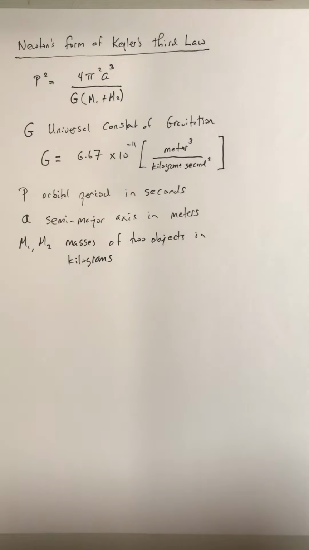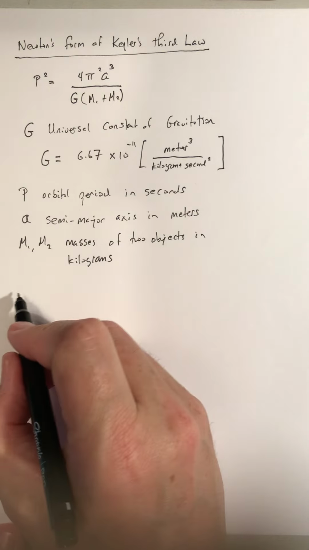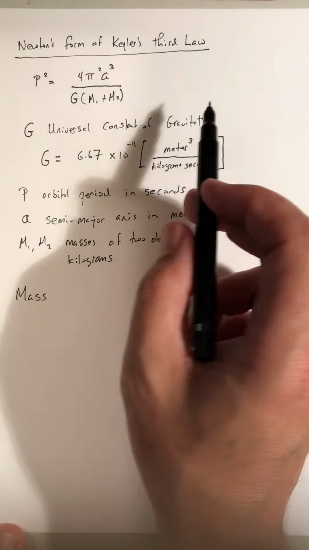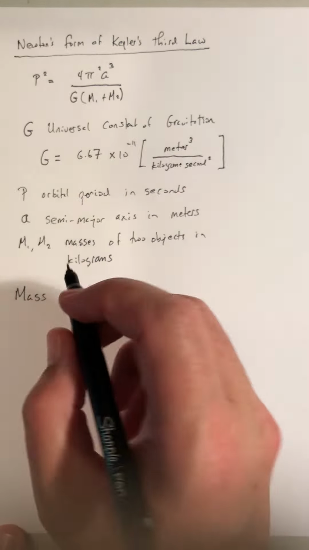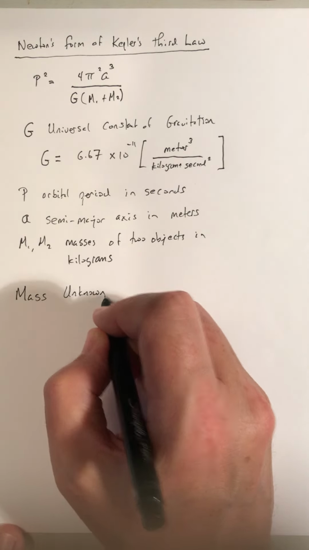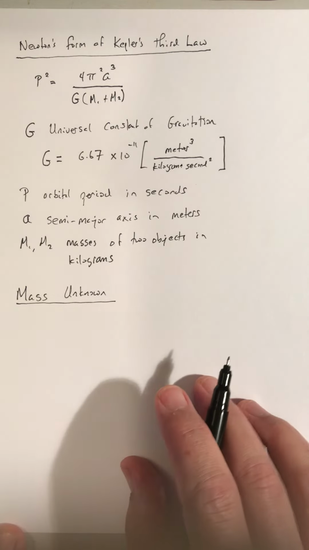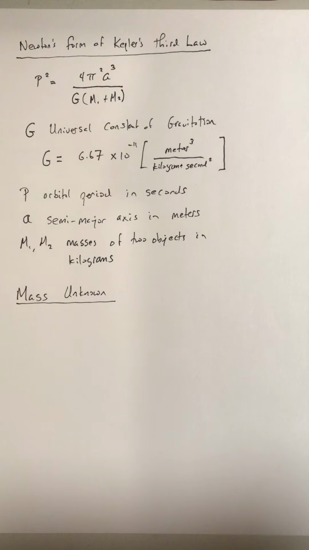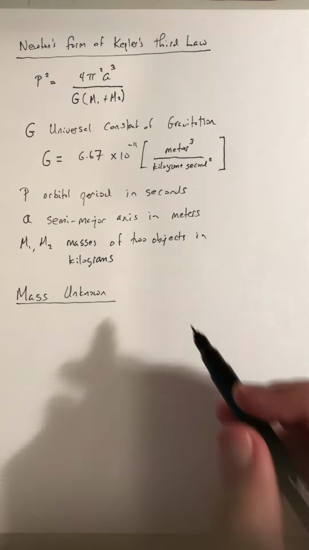All right. The first example I'm going to work through is a case where we're going to use Newton's form of Kepler's third law, the way it's most often used when we're trying to measure a mass. The example is going to take some basic information about how our sun is moving through the Milky Way galaxy.